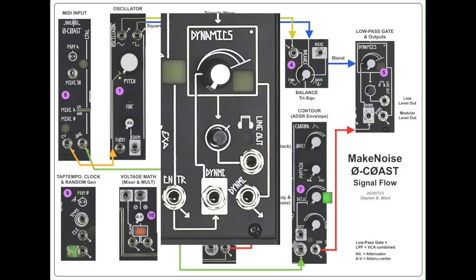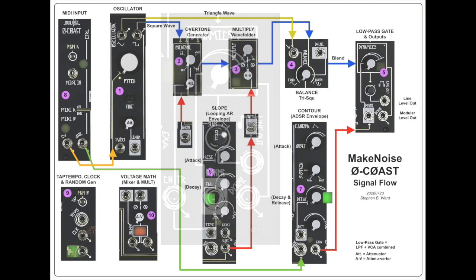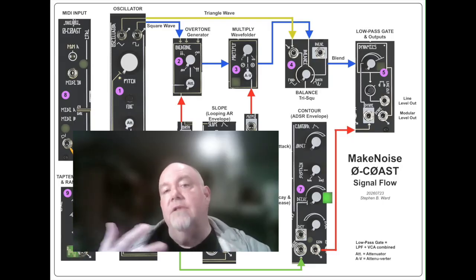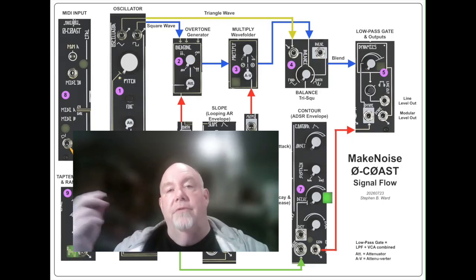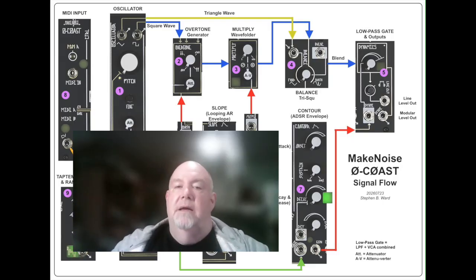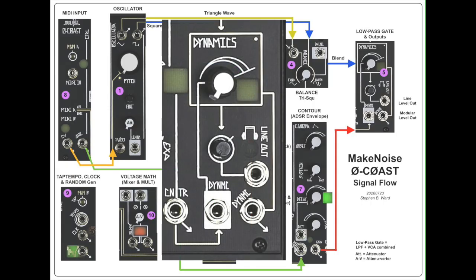This behavior mimics a lot of acoustic instruments, and it allows a single envelope generator to control both amplitude and harmonic content. Normally, the dynamic knob is controlled by a voltage from the contour generator, but you can override this at the dynamic input jack.